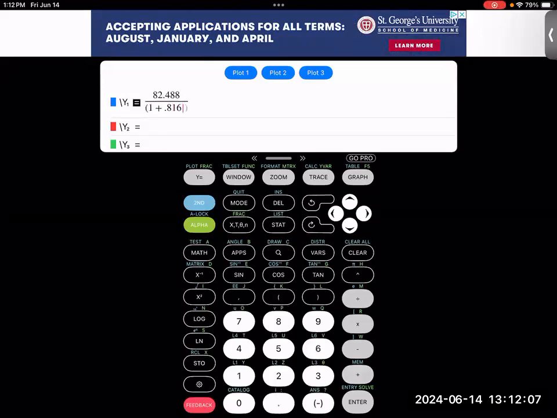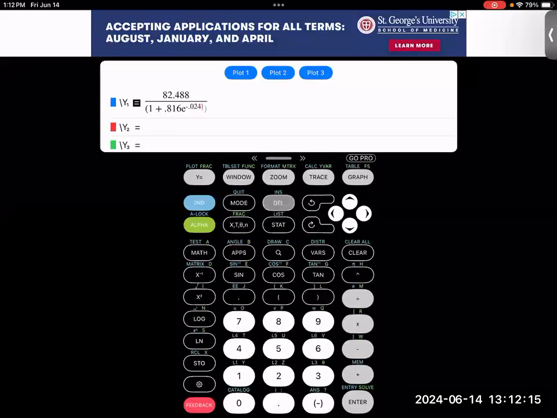0.816 negative 0.024. Oh, don't forget your x value. Double check that you have entered in everything correctly. Otherwise, it won't work.